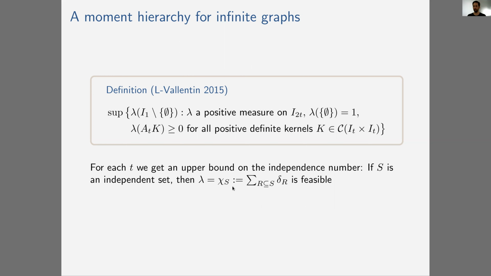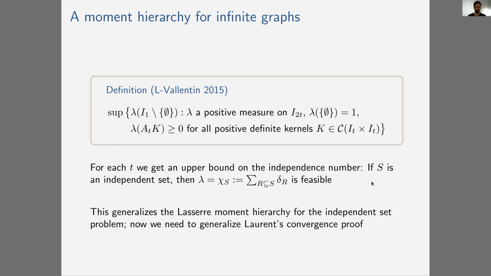For chi_S, if we are at level t, we need to sum over all R in S of cardinality at most 2t, because we want lambda to be a measure on I_2t. So for t smaller than the stability number, lambda is not really chi_S, but a small variation on that. As I said, this generalizes the Lasserre moment hierarchy for the independent set problem.